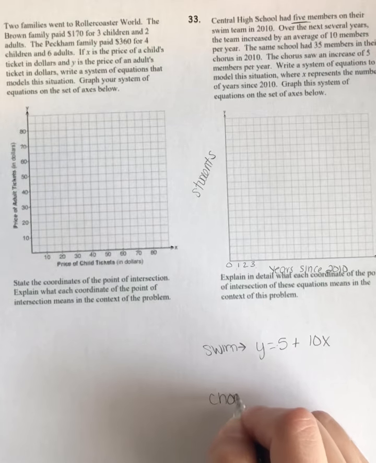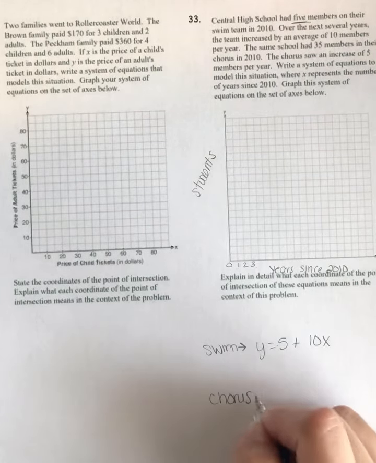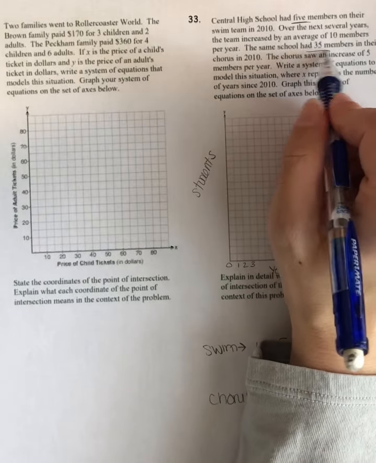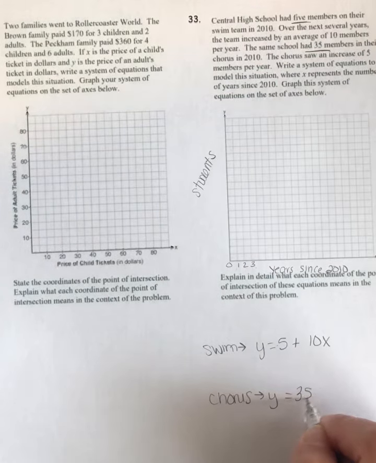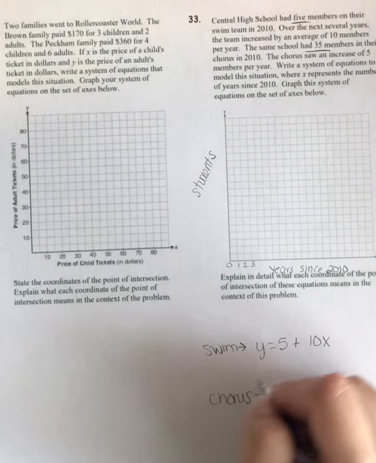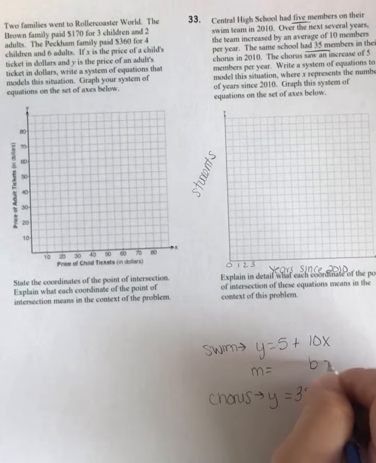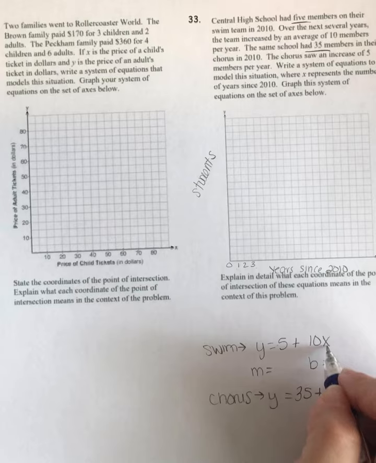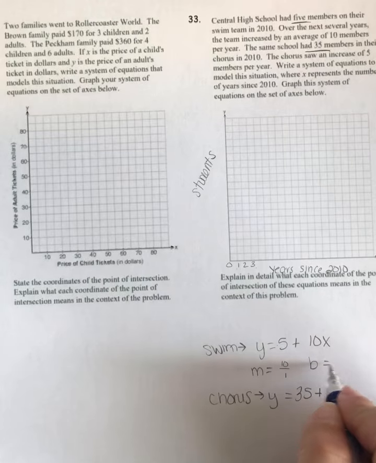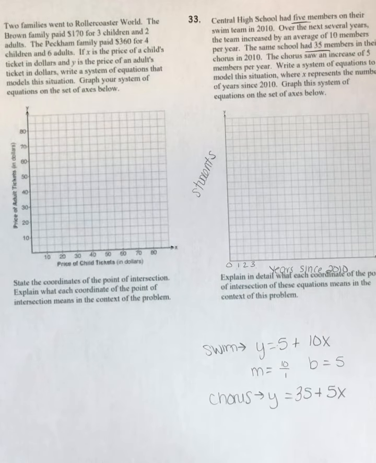In chorus, they started with 35 members, and they're only getting 5 new members each year. So for this equation, my m and my b, remember your m is what's with your x. So my m is 10 over 1, and my b is going to be 5. For this one, my m is 5 over 1, and my b is going to be 35.